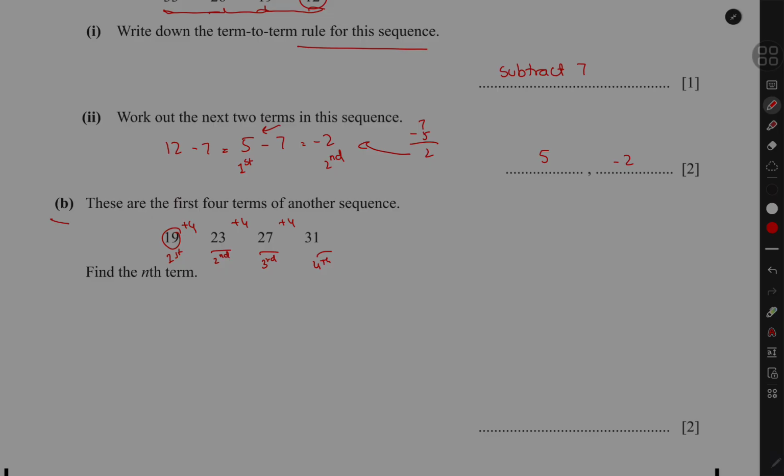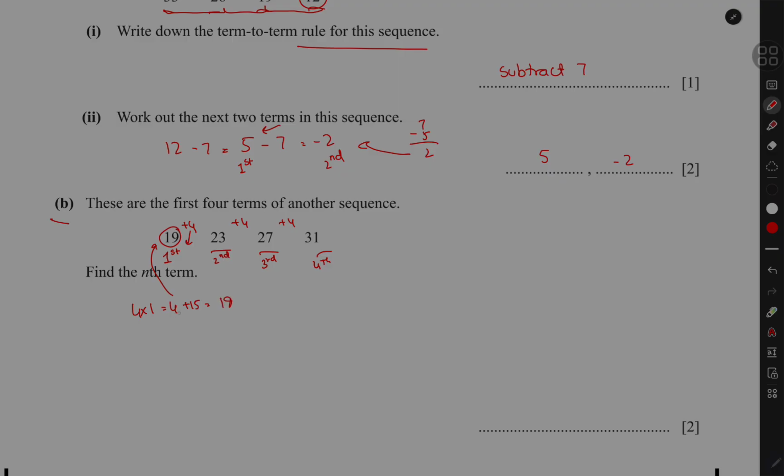How you would approach this question is you would multiply 4 with n. So n here is 1, the first term. I would multiply 4 with 1. 4 times 1 is 4. But I need 19, so what I can do is add 15 to it to make 19.